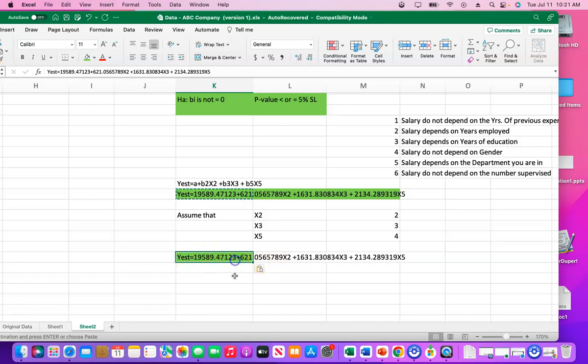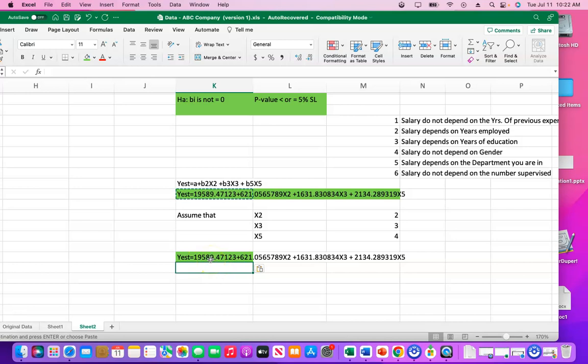And so we have this salary, the first value, which is a or y-intercept, meaning that the person has to earn this amount regardless of how many years he or she has worked in the company, regardless of the level of education and also the department. As long as this person gets into a job, that will be the base salary.